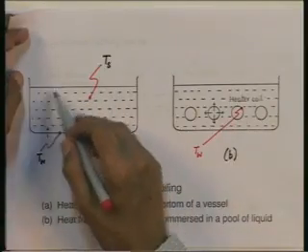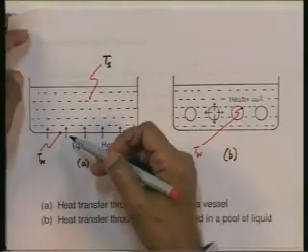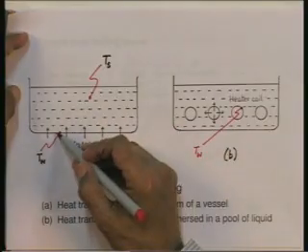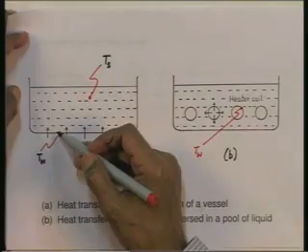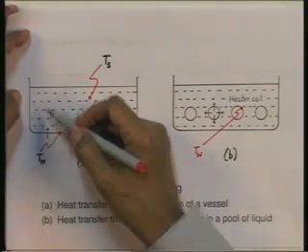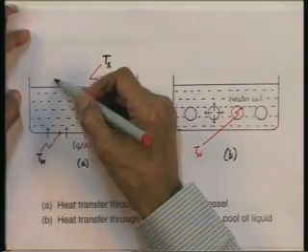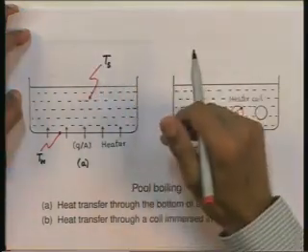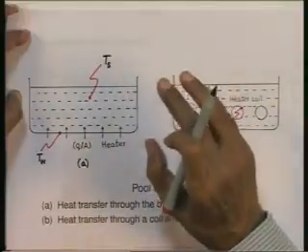A natural convection current is set up inside this pool of liquid, and the natural convection current is set up because the liquid at the bottom gets superheated, goes a little above T s by a degree or half a degree more. Its density decreases, so it rises. So, the heated liquid rises, comes to the surface, and from the surface a little evaporation takes place, and this is what we call the natural convection region.